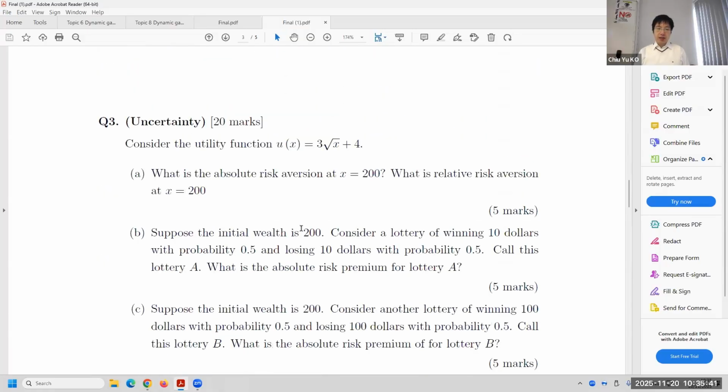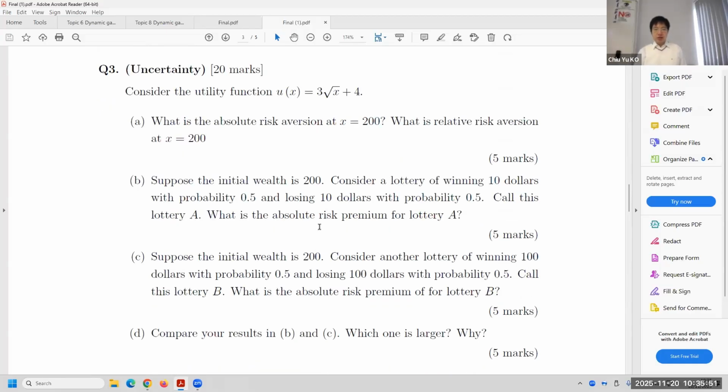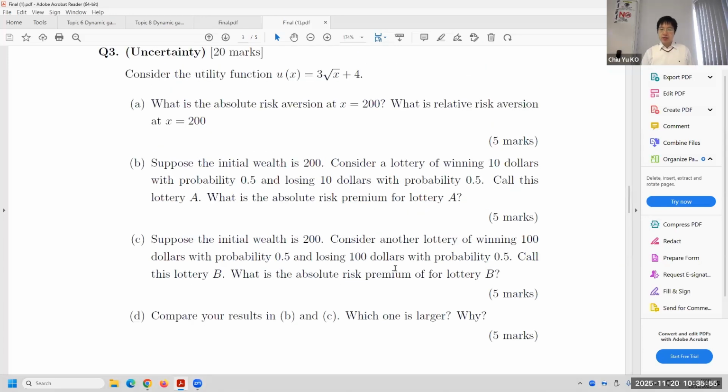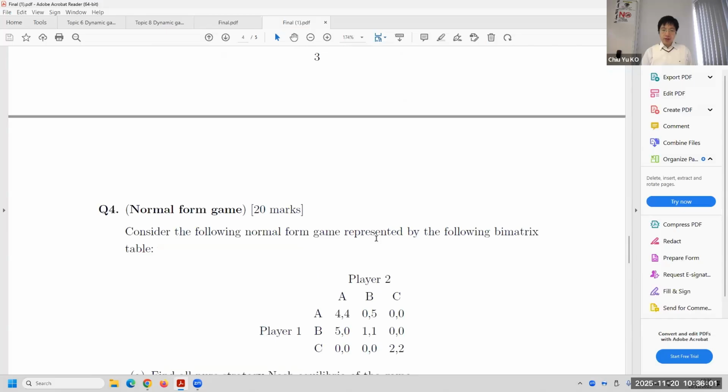And I have here uncertainty. Okay. So I've tried to ask you, given a utility function, calculate the risk aversion. If you're given 2 lotteries, calculate the risk premium and compare these 2 lotteries, which one you would prefer. Okay.